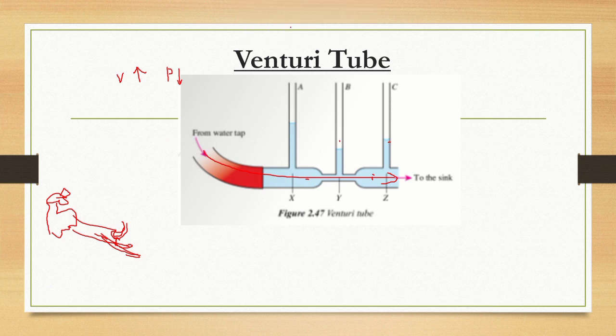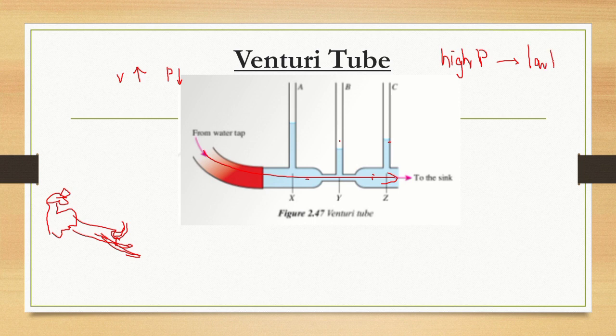The high pressure will push to the low pressure one. Macam diffusion. The higher concentration area will move to the lower concentration area. So ini pun sama. The high pressure will push to the low pressure one. Okay?